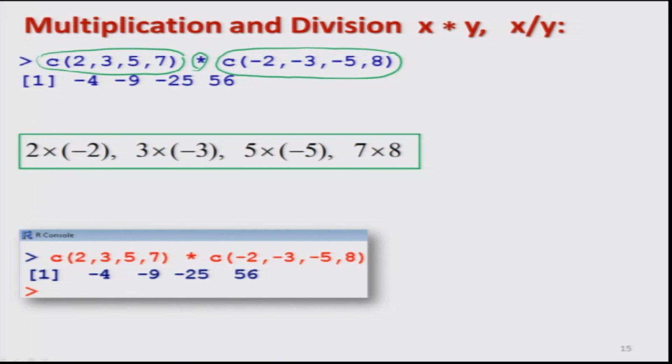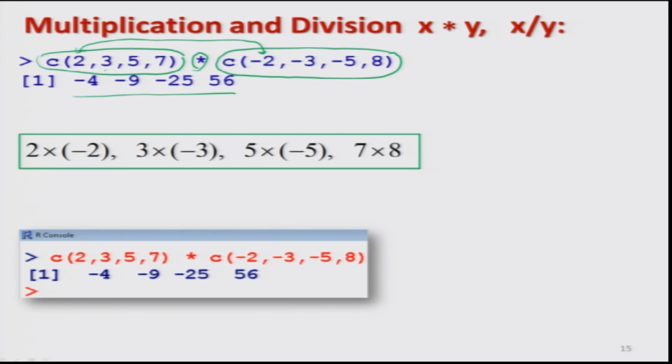If you try to do so, the outcome will come like this. So, what is happening is that each and every element is being multiplied by its own respective position. For example, the first element is being multiplied by the first element of the other vector.